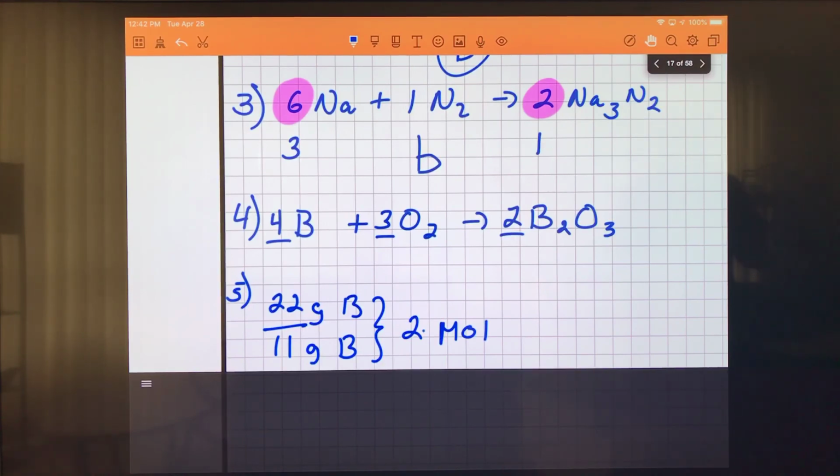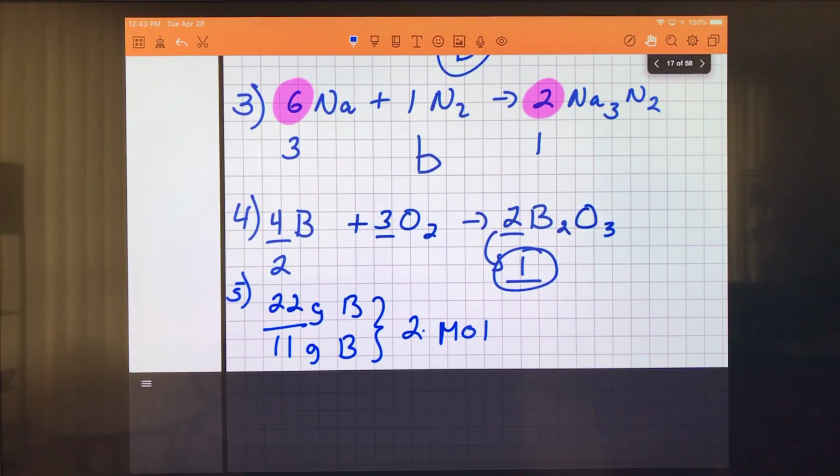So if I only have 2 moles of boron to start with, well, wow, that's just like number 3, my recipe. I cut the number of moles in half from 4 down to 2. So therefore, I'm going to cut my product in half from 2 down to 1. So I'm only going to get 1 mole of boron oxide.